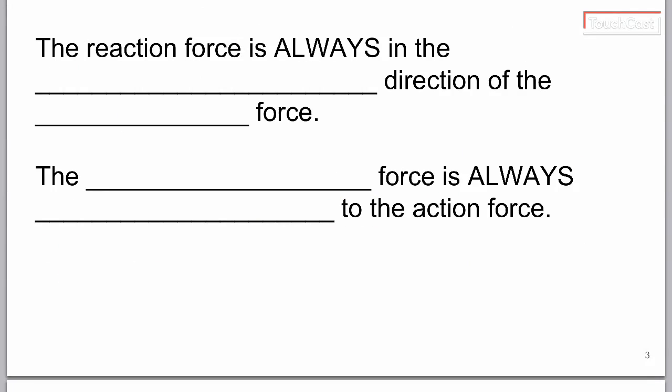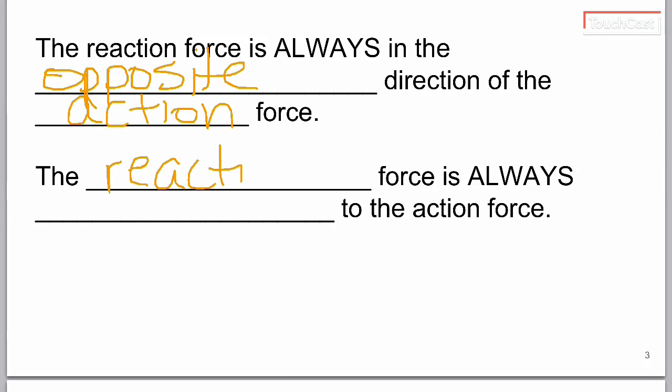Alright, our reaction force on box 3 is always in the opposite direction of our action force. So the directions are going to be opposite. And the reaction force is always equal to the action force.